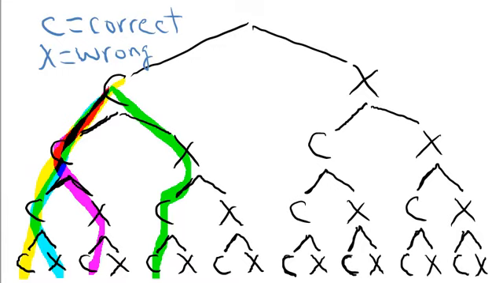Moving over here, you've already got your 1 wrong here, so you can't do any more wrongs, which means you can't go down any of these other paths. So if you count, you've got 1, 2, 3, 4, 5.